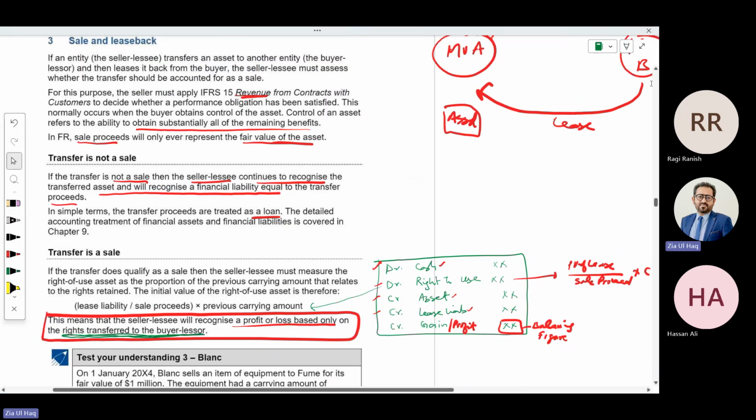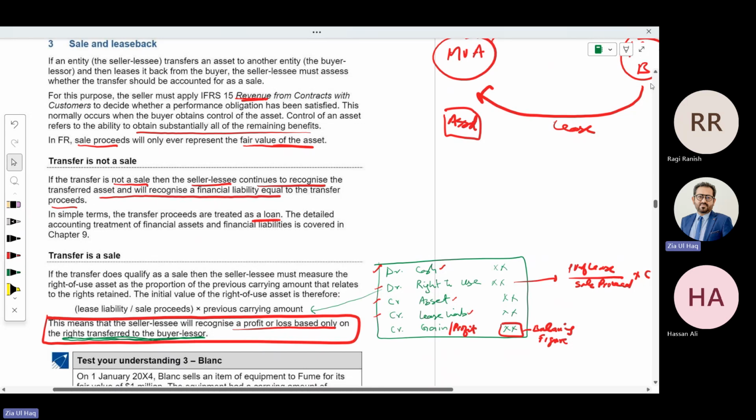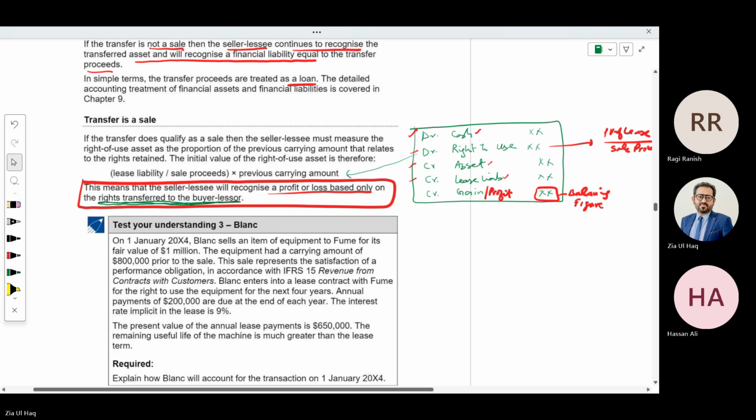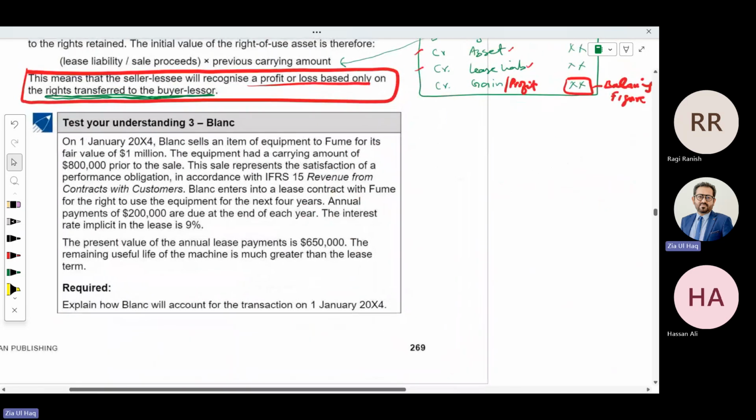Okay. So the concepts we have covered. Now we are moving towards practice, practice, practice. Test your understanding 3. On 1st January 20X4, start of year, Black sells an item of equipment to Fume for its fair value of 1 million.